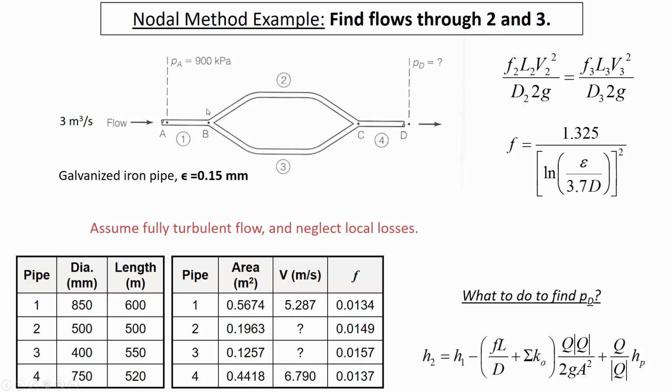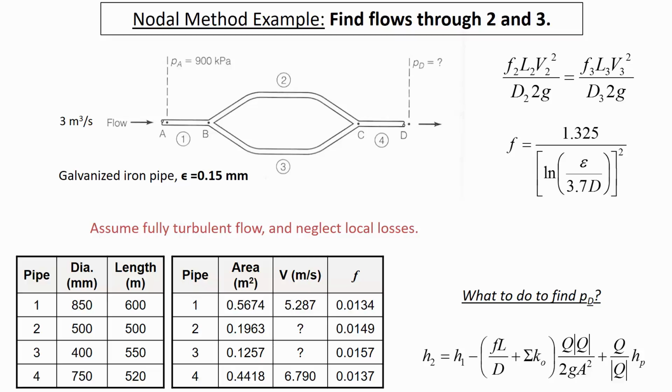So we'd have some total head at B, and we could find the head at C by this equation. There's no pump, so that term cancels out. We would find, using the flow rate that we know through pipe 2, how much losses there are. And then that would allow us to find the total head at C. The same idea through pipe 4. We would find the losses through the pipe and find the total head at D.